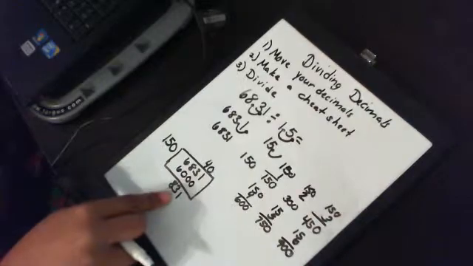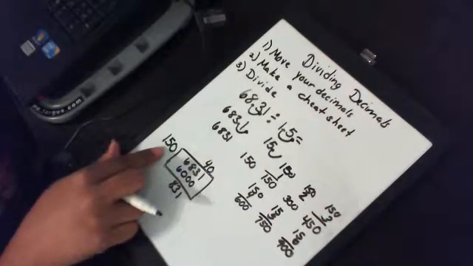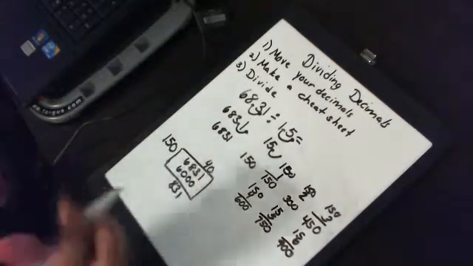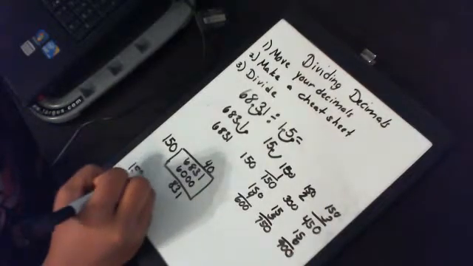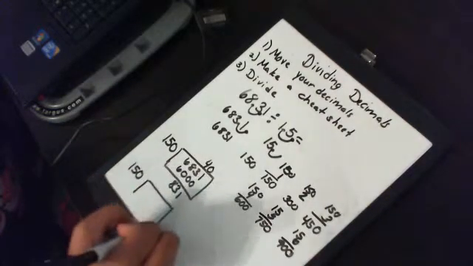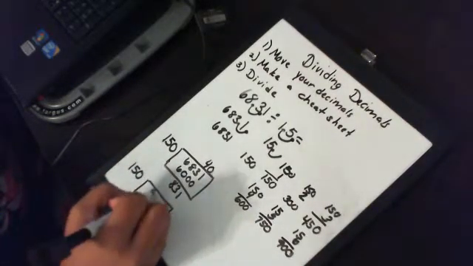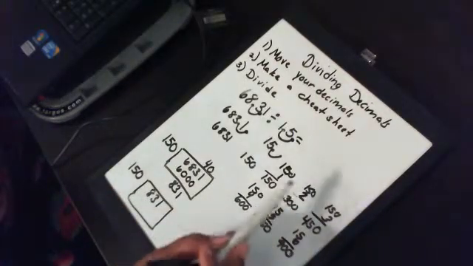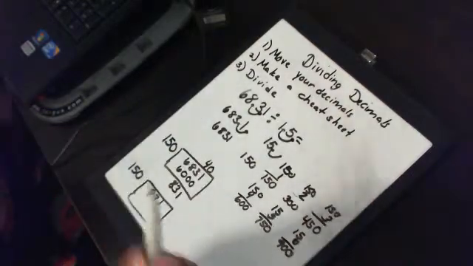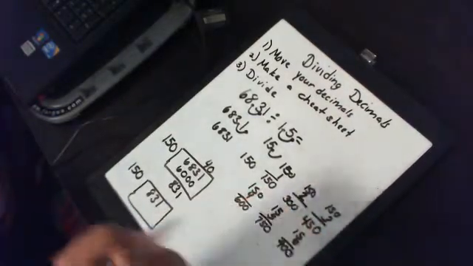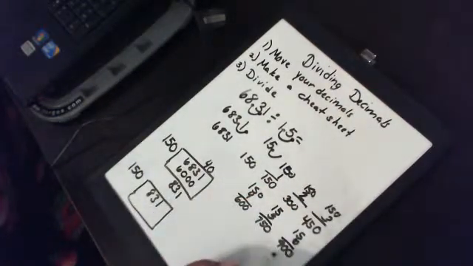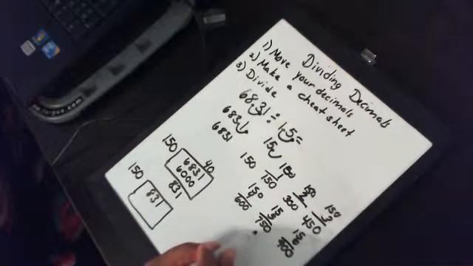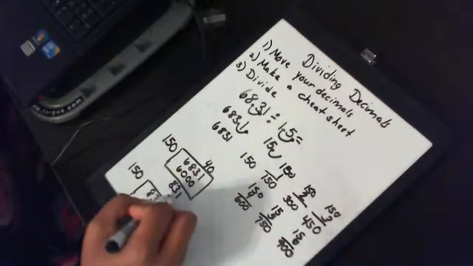This number is bigger than this number, so we have to do another box. So I get 150 into 831. So we go back to our cheat sheet, and we're trying to get close to 831. Well, 900 is too big, so we have to use this 5, which is 750.